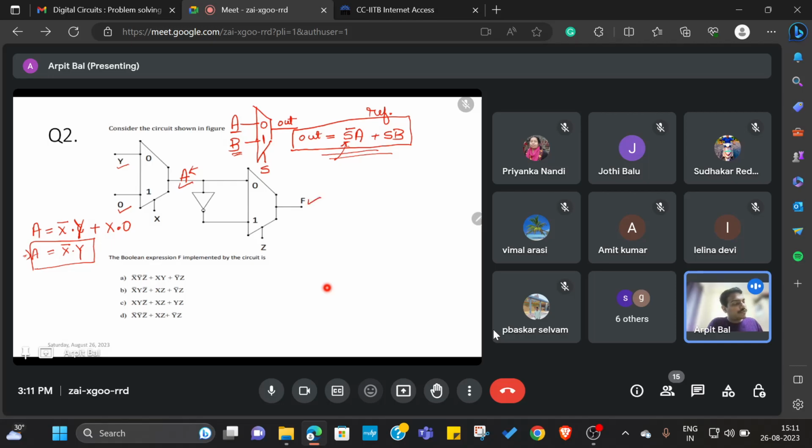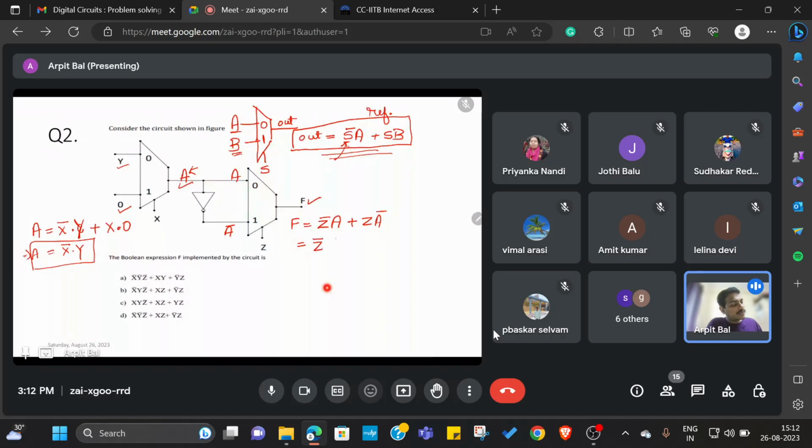Similarly for F, this node is A, and here A passes through an inverter, so this is A bar. So F can be written as z bar A plus z A bar, right? Now let us replace A with the actual equation.